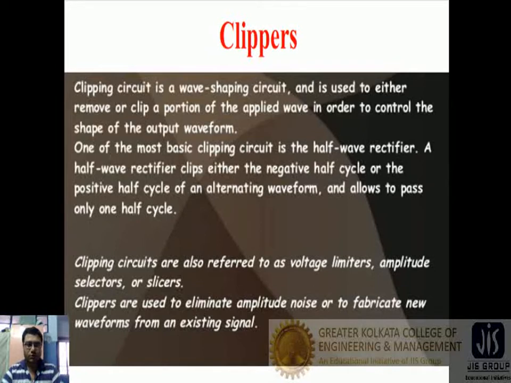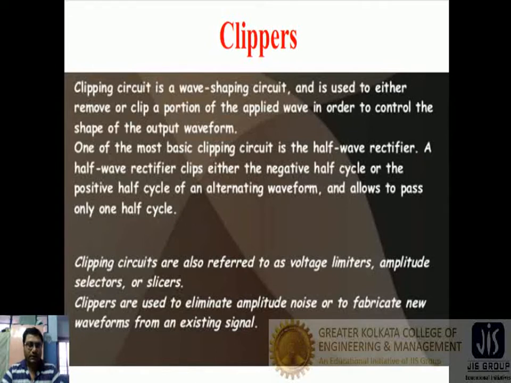One of the most basic clipping circuits is the half-wave rectifier. A half-wave rectifier clips either the negative half cycle or the positive half cycle of an alternating or sinusoidal wave and allows only one half of the cycle to pass.